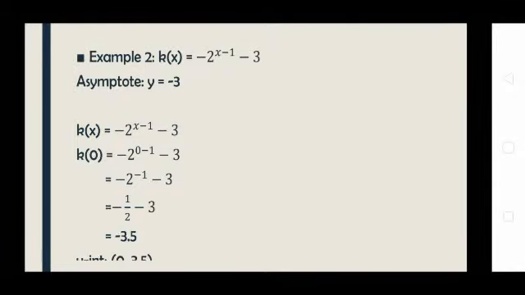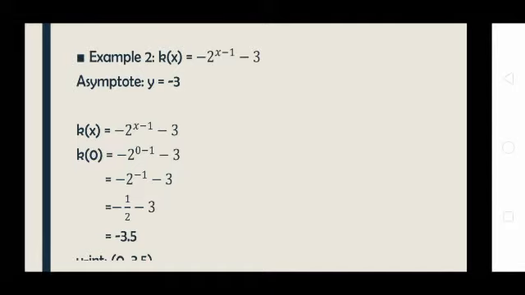k of x is equal to negative 2 raised to x minus 1 minus 3. The asymptote is y equals negative 3. And our parent function is negative 2 raised to x. So substituting again the x, we will be having k of 0 is equal to negative 2 raised to 0 minus 1 minus 3.